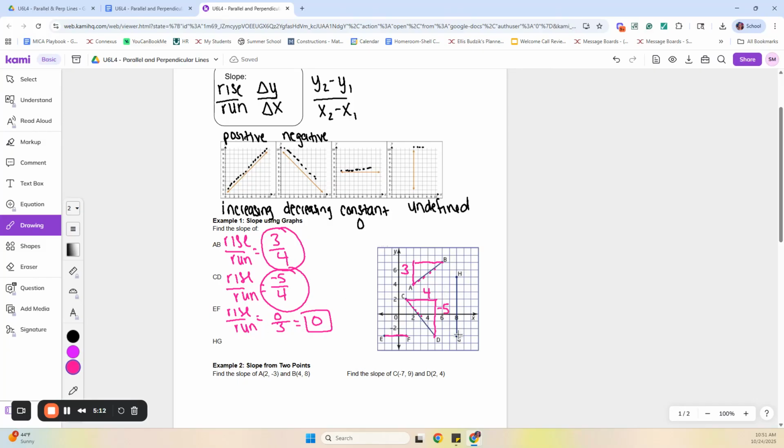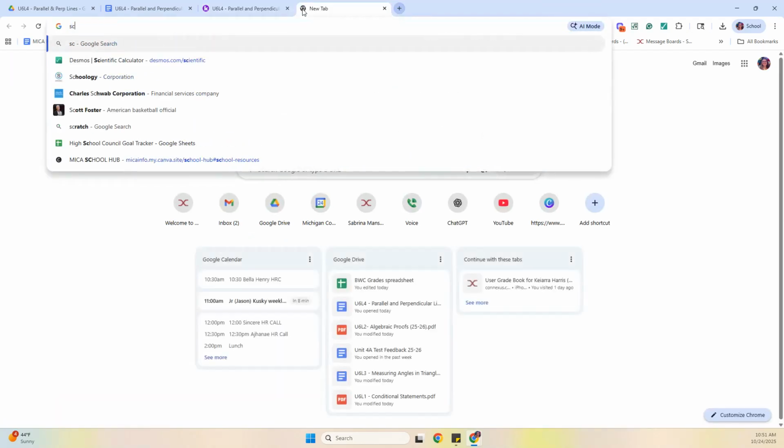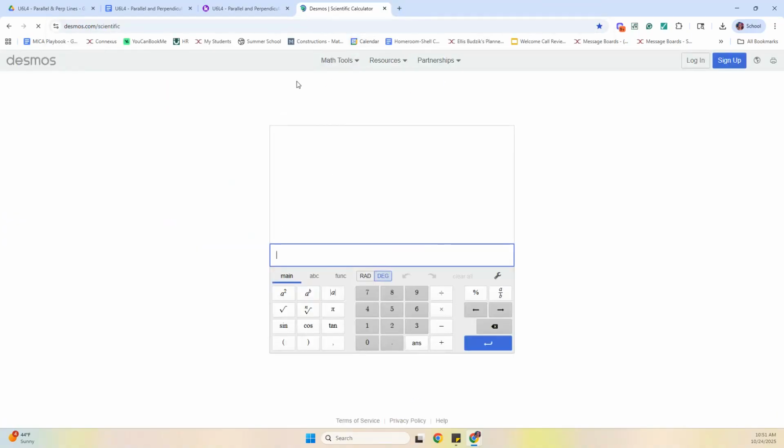And finally, HG. HG is that vertical. Again, if you count your rise over your run for this one, I'm rising 1, 2, 3, 4, 5, 6, 7, 8, and I'm running 0. I'm not going over any. Now, if I have 8 over 0, I might think, isn't that 0 just like the other one? No. What you can do is test it on your calculator.